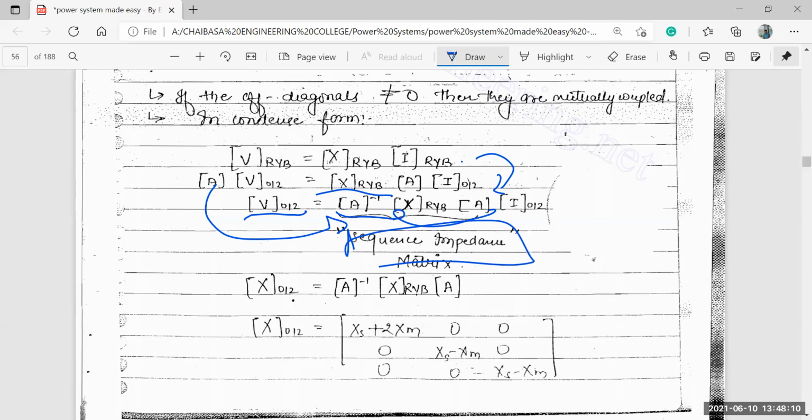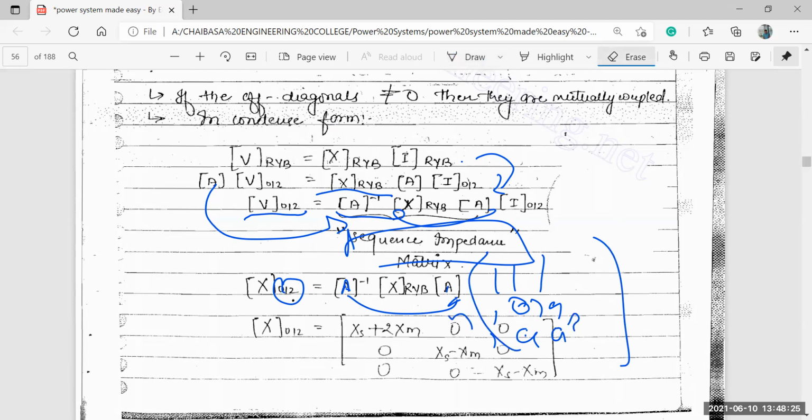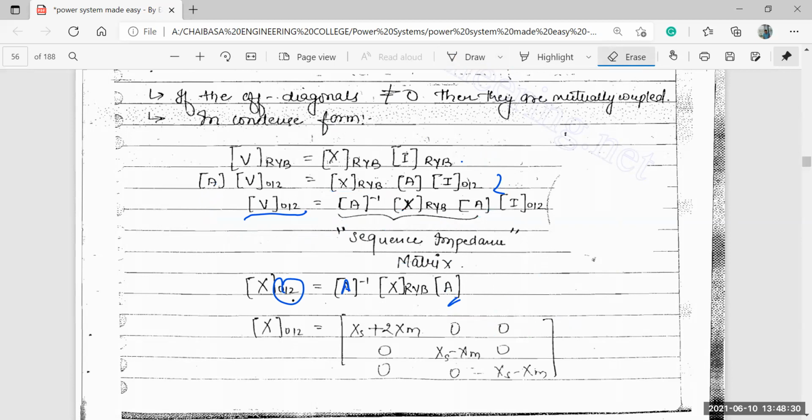That will be X_012 equals A inverse X into A. These are the A operators, that is 111, 111, A square, A square, and the inverse of that. In this way, it has been converted.